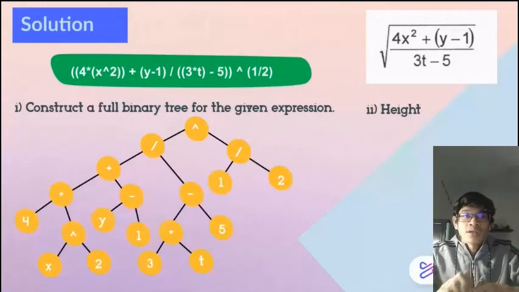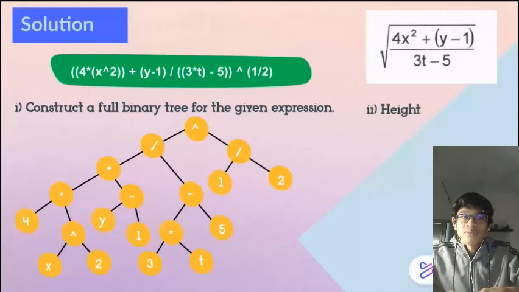So we have done the right side, and let's focus on the addition node. It has another 2 children, the left with the multiplication symbol and the right side with the subtraction symbol. So at the right side, for the subtraction node, we will have 2 leaves, where the right side we will fill with number 1, and on the left side we will fill with the letter y.